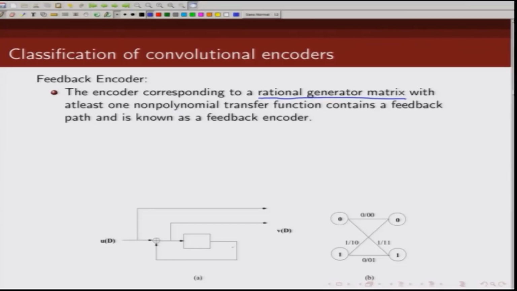Look at this example. From the output, we can see there is a feedback going to the input side, and the generator matrix for this is basically, the first coded bit is nothing but the information bit, so that is 1, and this is basically 1, 1 plus D.